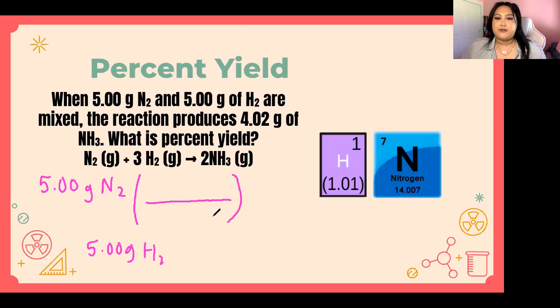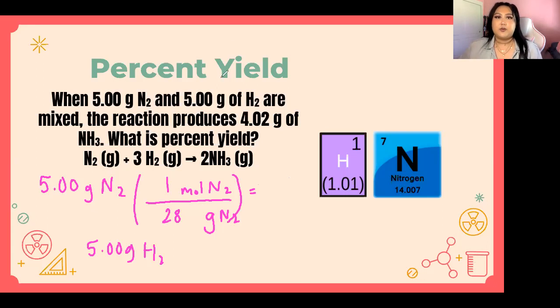So we have grams on the bottom, right? Moles of N2 on the top. So how many grams is an N2? 28. So we have 28.